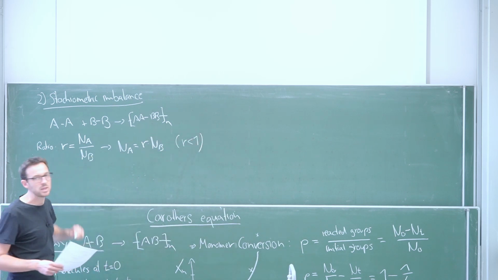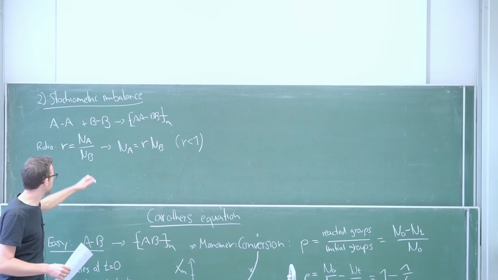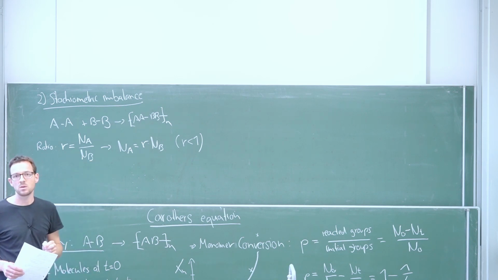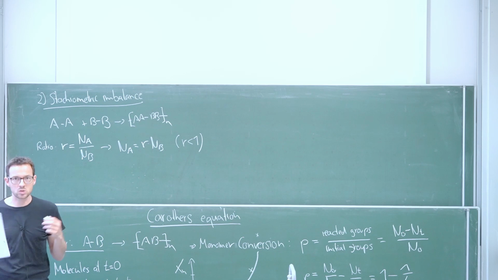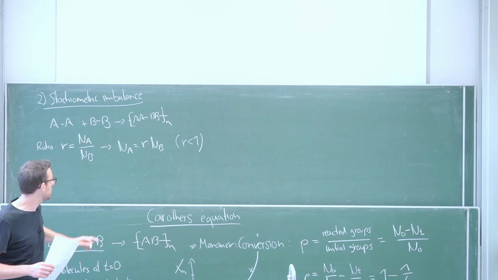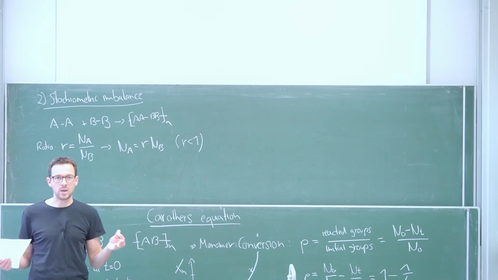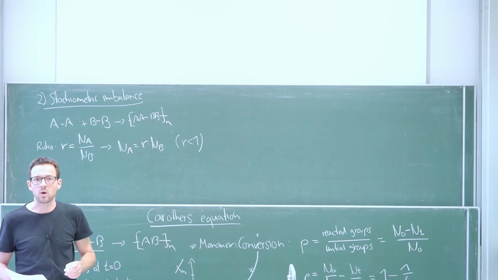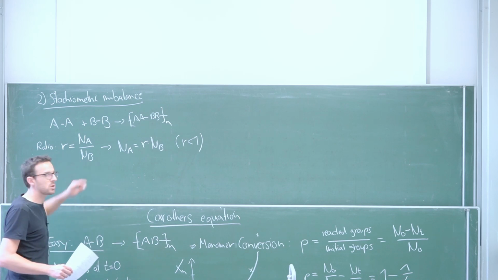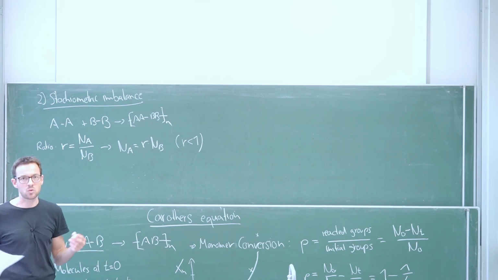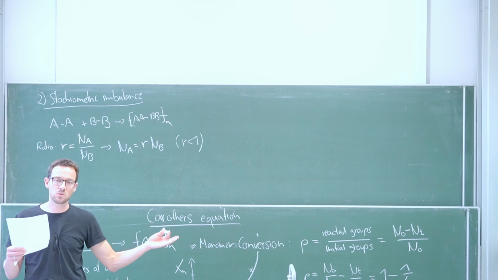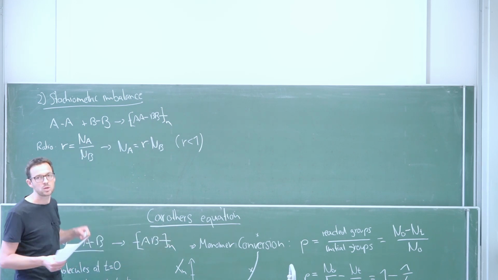So that means the species that is in excess will be species B. Which also means that the conversion we are talking about, and which we will need in a second, will be the conversion of A. Because even if all A molecules react, there will be B functional groups left over, because we have too many of them. And if we want to have our conversion run from 0 to 1, we need to use the minority component here.